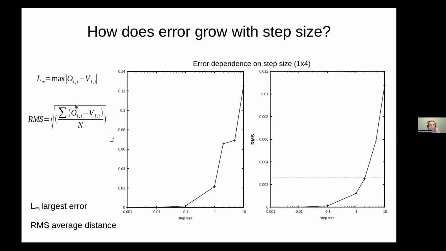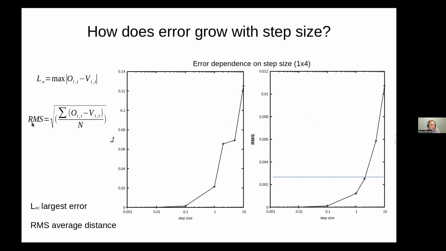And we have two metrics here. One is the L infinity, which is basically the largest difference between one and the other. This is the maximum value of the difference over all the possible chemical species. We look at all of them through all the time points, and we look for which one has the highest difference. That's what we're plotting here. That's the so-called L infinity error, or distance.